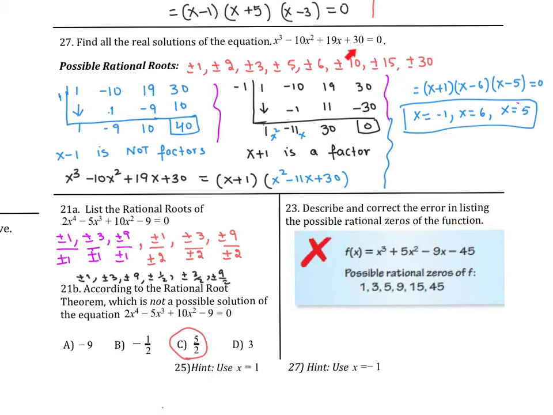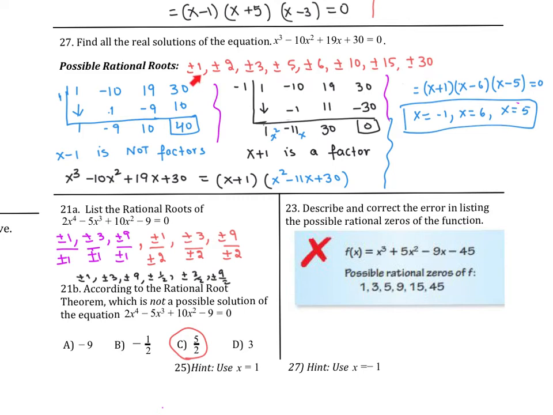The factors of 30 are plus or minus 1, 2, 3, 5, 6, 10, 15, and 30, each divided by plus or minus 1, so I did not write that.